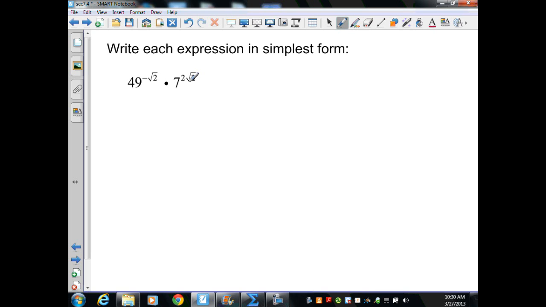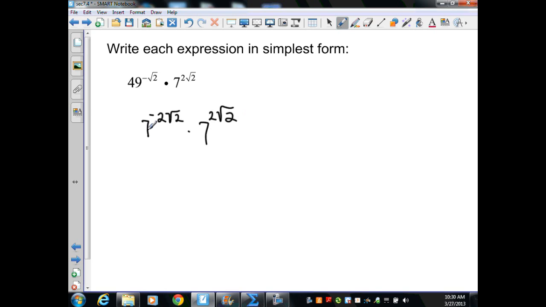Recall, when I multiply like bases, I add their exponents. If I don't have like bases, I can just leave them as a product. But the thing is, I can make this a like base. In other words, I can write 49 as 7 squared. And then that would go along with it, which would be a negative 2 square roots of 2, times 7 to the 2 square roots of 2 power.